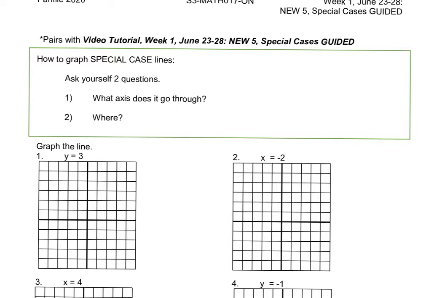What axis does it go through? You have 2 answers, the x or the y, and those are your only 2 options because those are your only 2 axes. Where is the number?